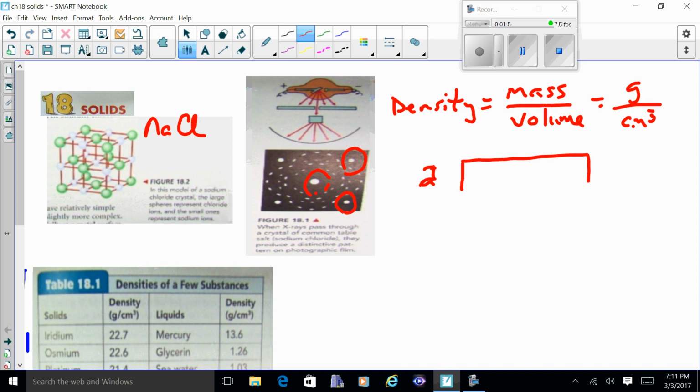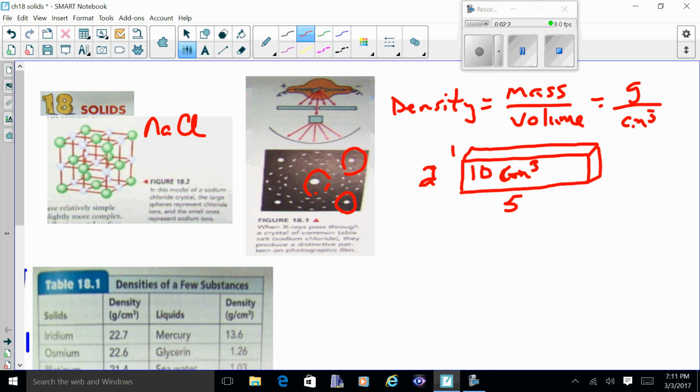But it's sort of skinny, so it's only 1 centimeter thick. So this would be 1. Well, that means 2 times 1 is 2, times 5 is 10. So that just means that this thing has a volume of 10 cubic centimeters.